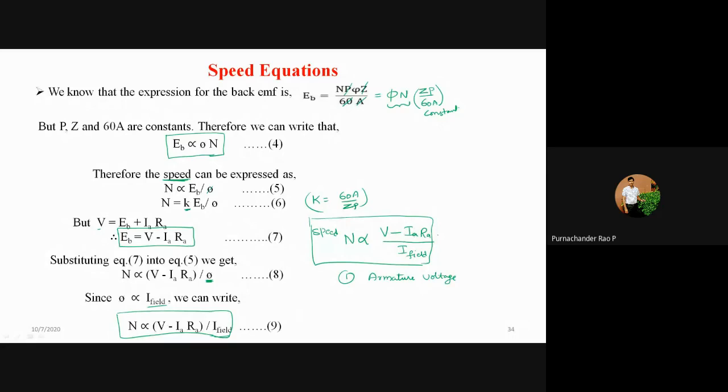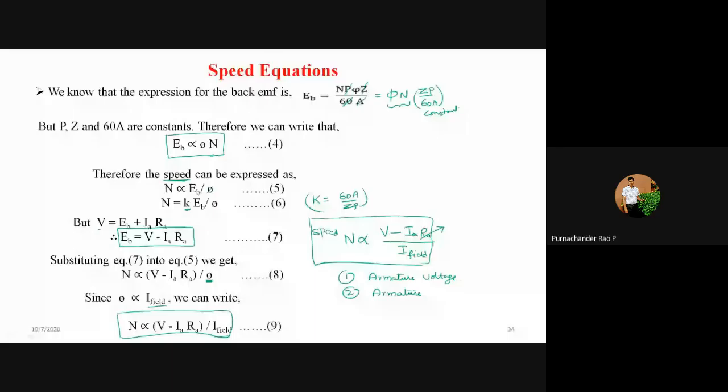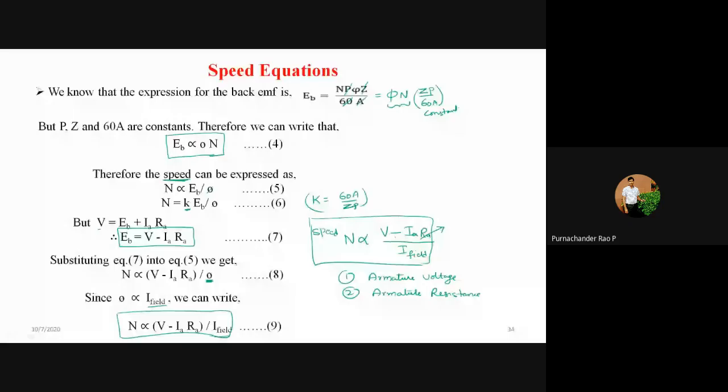The second is you can change the armature resistance. If you change this, the voltage drop varies and the speed varies.